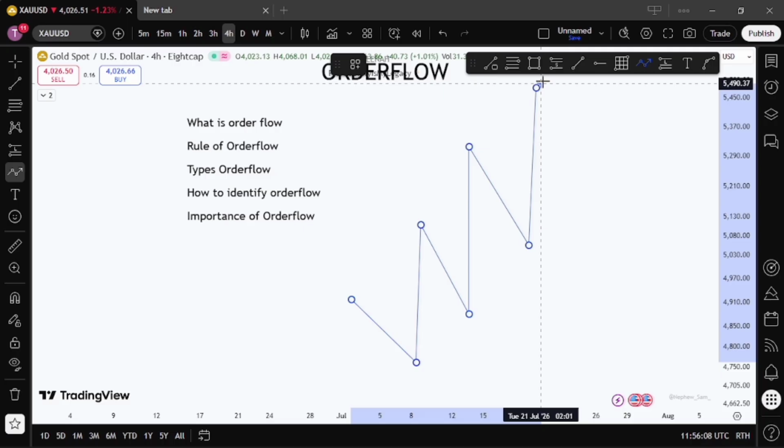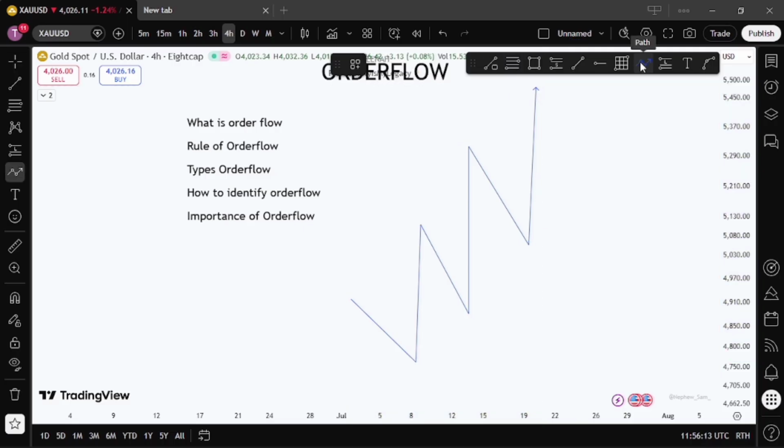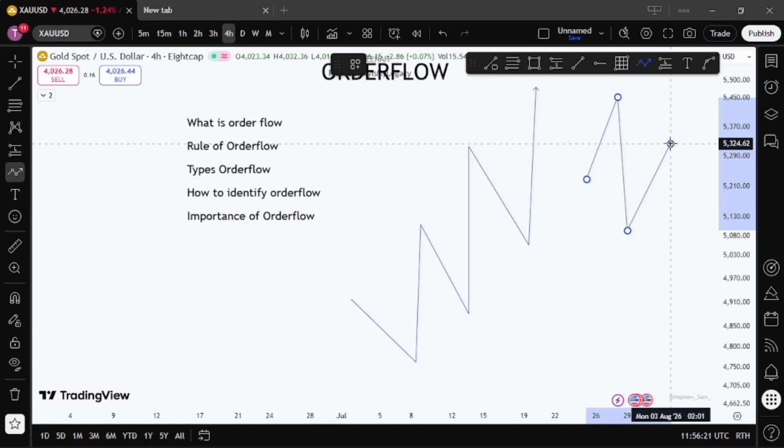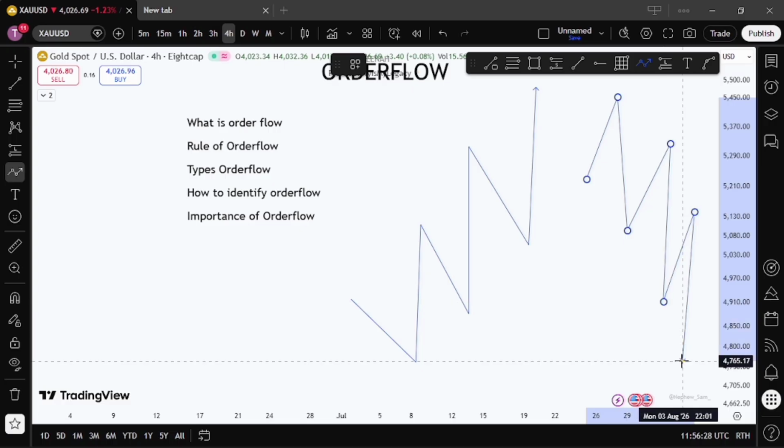In the same vein, if price is making lower highs and lower lows, as you can see here, I'm not going to draw it perfectly because I'm not an artist. If price is doing lower highs and lower lows, that simply means a bearish order flow.